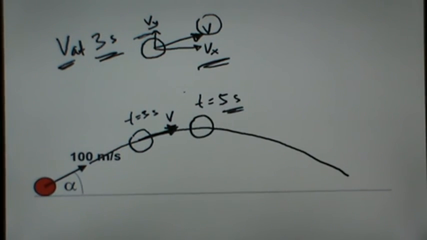Now, you already know that in the horizontal direction, or x direction, the ball moves with a constant velocity. Therefore, we still have the same velocity, just like the initial velocity in the horizontal direction, and that's 50 square root of 3 meters per second.